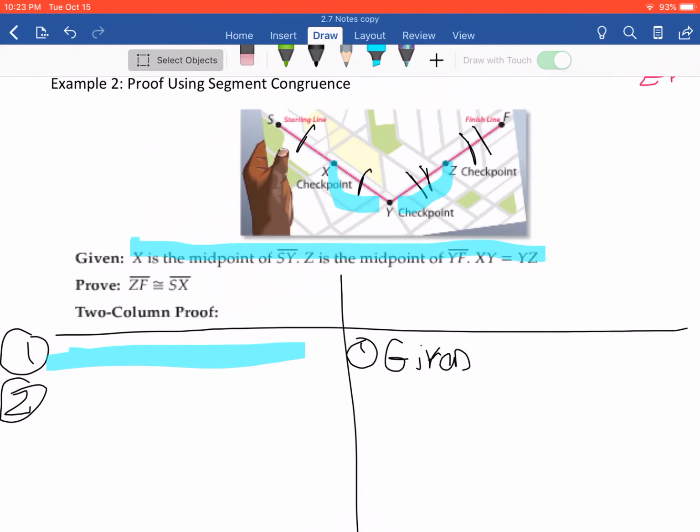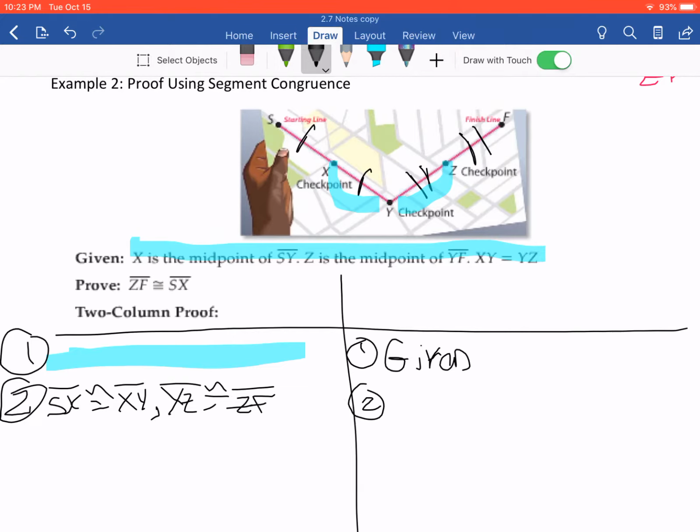So we're going to say that SX is congruent to line segment XY, and line segment YZ is going to be congruent to line segment ZF. And that is by definition of a midpoint.